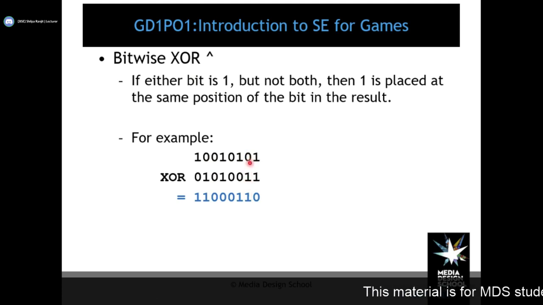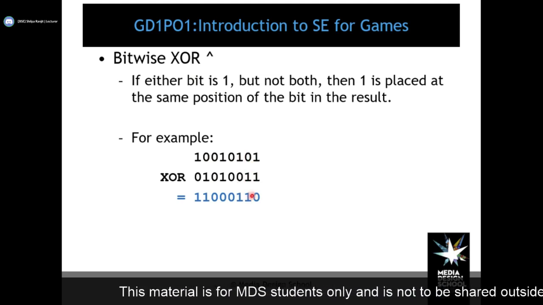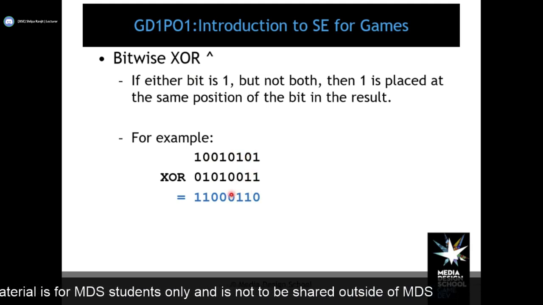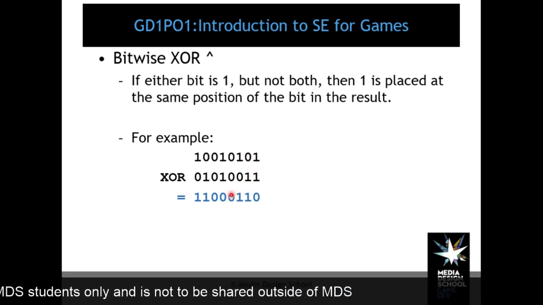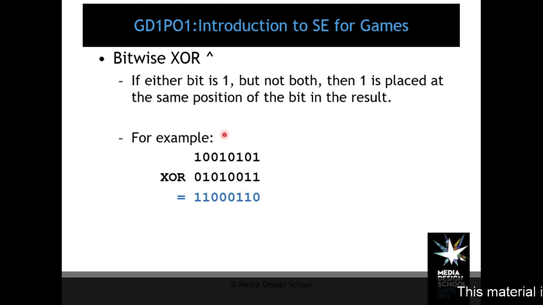So if you have a 0 and a 1, you would end up with a 1. Or if you have a 1 and 0, you would end up with a 1. So that's what's shown here. So you have 0, 1, 1, 1, 0, 1. But in the case of 0, 0, you've got 0. And in the case of 1, 1, you've got 0. All right. XOR operation, all the bits are calculated one by one. And that is represented by this symbol in here.